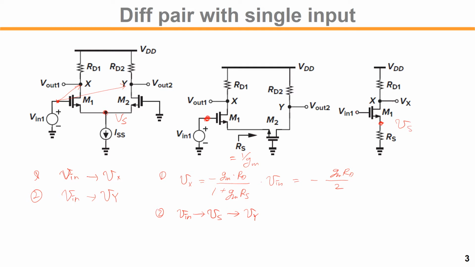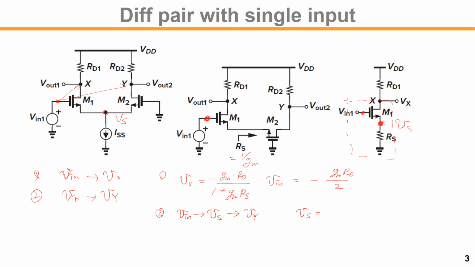That node would be the output of the source follower. If you look at this part, from input to output, the input is the gate and the output is the source. So this is just like a source follower. So Vs would be what?